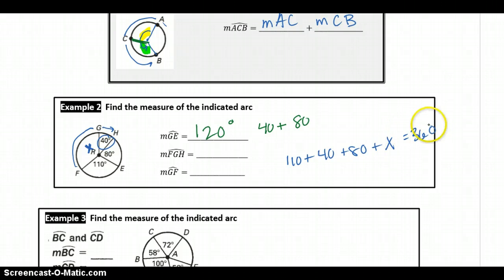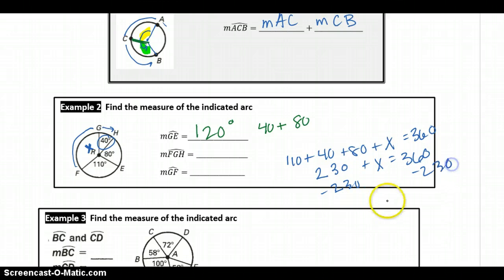If we add everything on the left side together, 110 plus 40 plus 80, we should get 230 plus X equals 360. Subtract 230 from both sides, and X has to equal 130. So the measure of arc GF is 130 degrees.